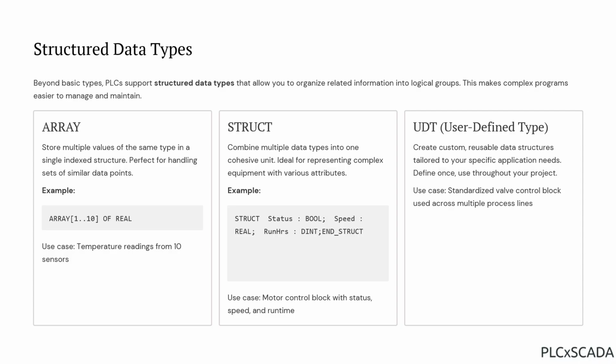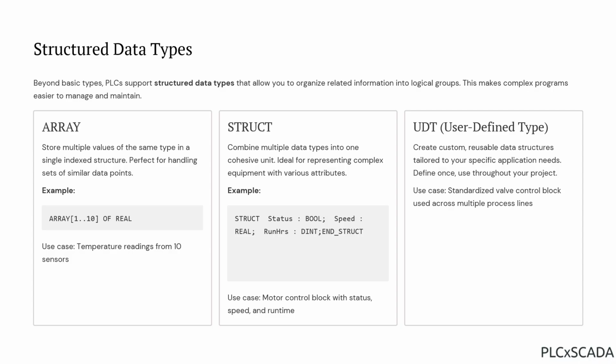An array is used when we have multiple values of the same type. For example, if we want to save 10 temperature readings or 15 motor commands, we can create an array of the same data type.